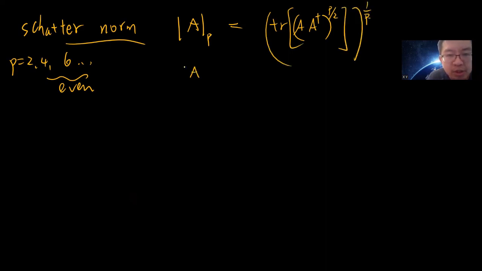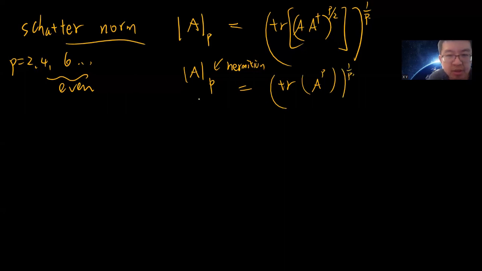When A is Hermitian, this is easy to see: just the trace of A to the p, to the 1 over p. The standard one is the 2-norm, the trace of, let's say, A squared.